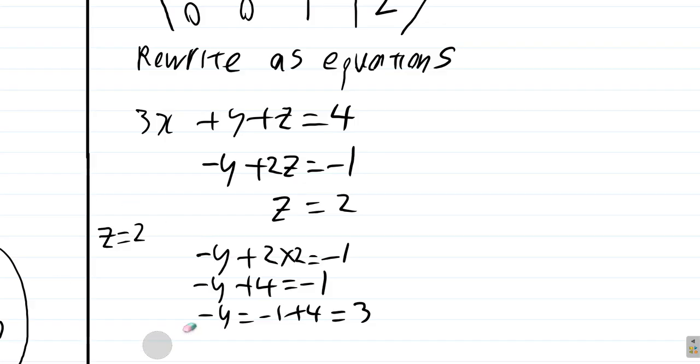My mistake there. It should be subtract 4 from both sides. I have negative 1 minus 4 equals negative 5. Alright? So negative y is negative 5, so positive y equals positive 5. So y equals 5, write it there.